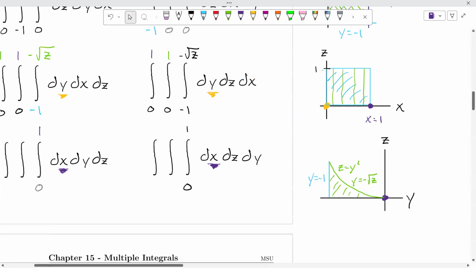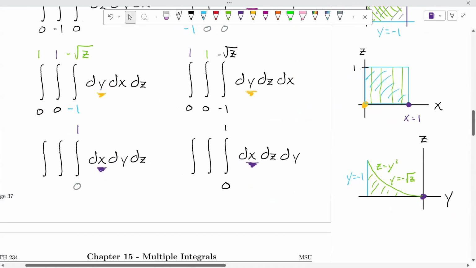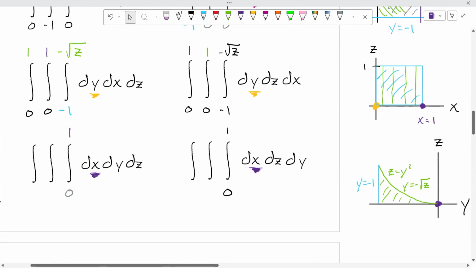So I think we'll use those bounds to figure out y and z. So if I'm going to do y first, it's going from -1 over to negative square root z. And then z just goes from 0 to 1. Just bottom to top is 0 to 1.